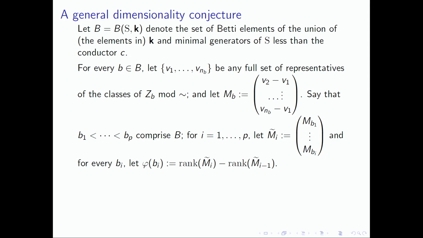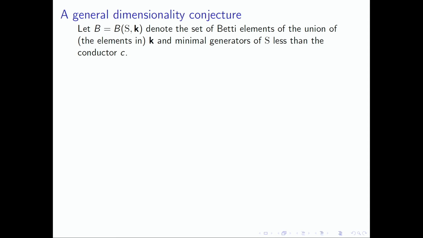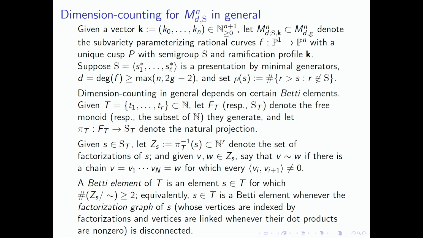So if we single out a Betti element B, we look at a set of representatives of all the equivalence classes, where I'm going to say that two factorizations are equivalent if there's a chain of vectors linking those two for which every two successive vectors have non-zero dot product.